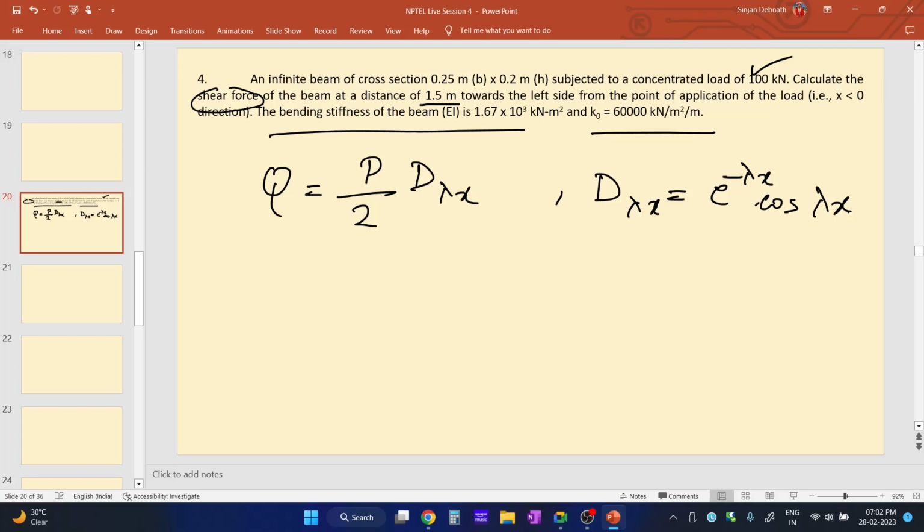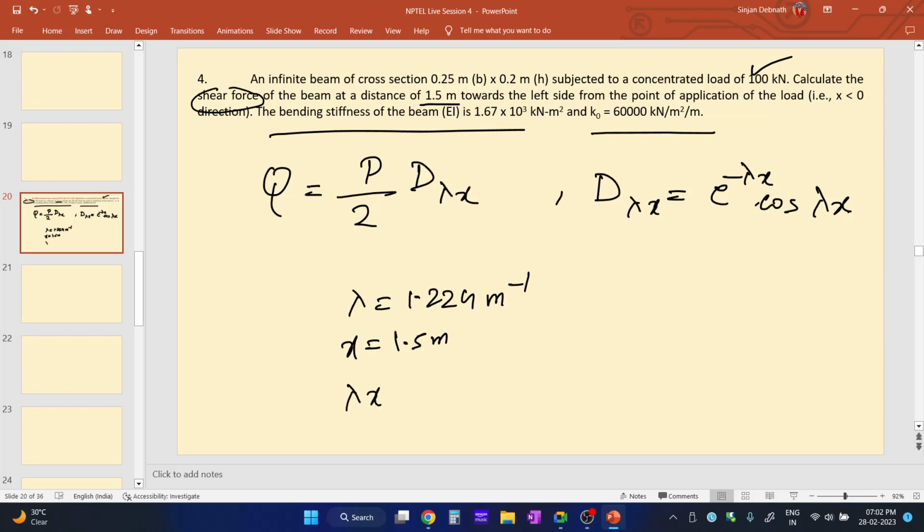So you know the value of p, you know the value of lambda. What is the value of lambda? Lambda is 1.224 per meter. Here we have been asked to find the shear force at a distance of 1.5 meter towards the left side. That means x is equal to 1.5 meter.